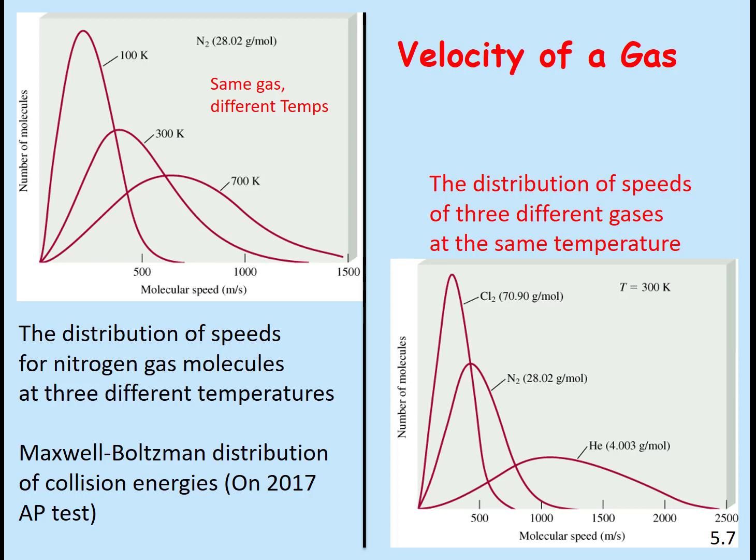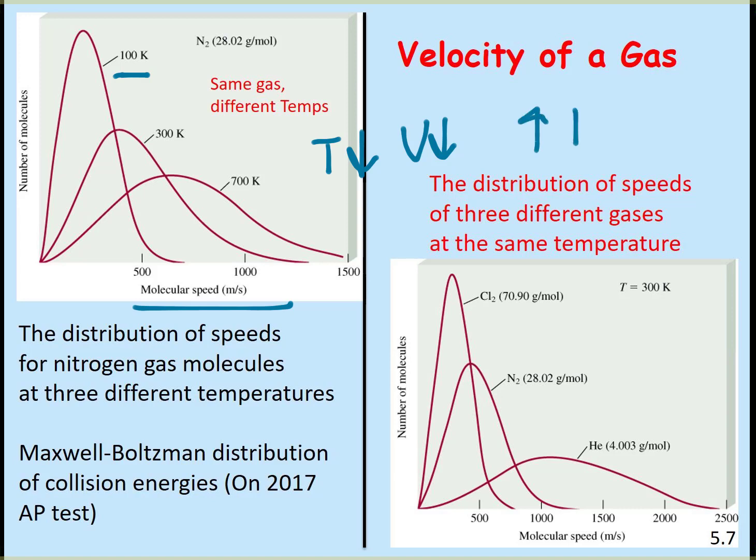What I want you to notice is that the colder it is, the higher the peak, and our molecular speed has slowed down. So as the temperature goes down, my velocity goes down too. It is a direct relationship. As I increase the temperature, you are going to increase the velocity.